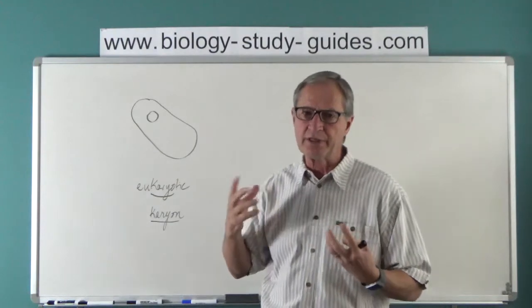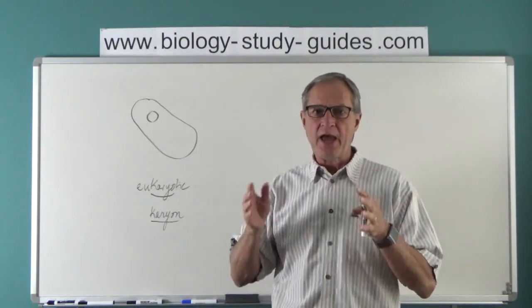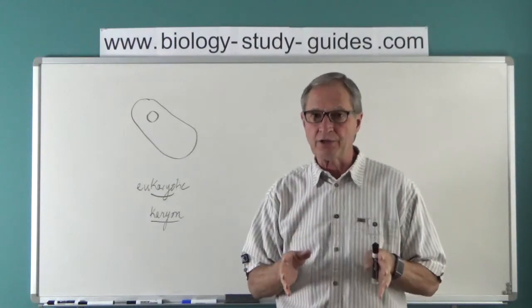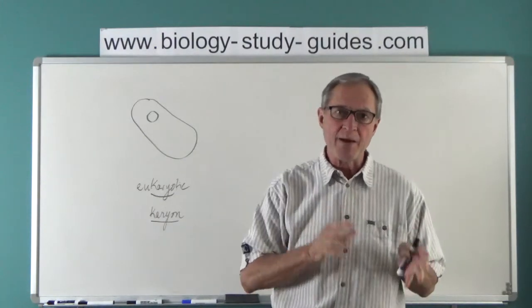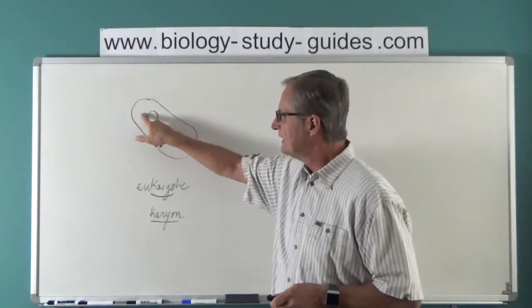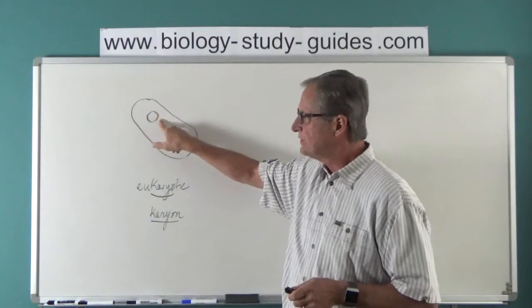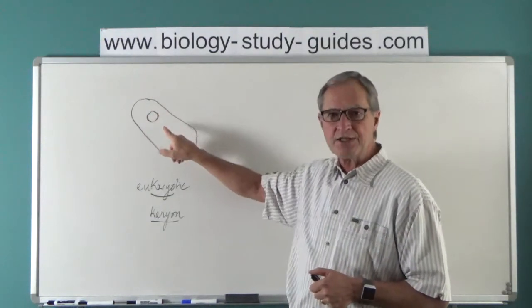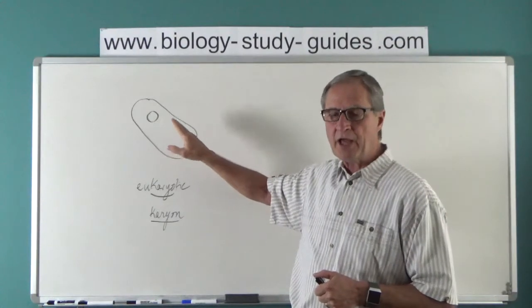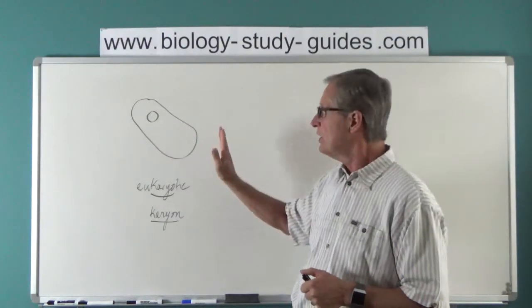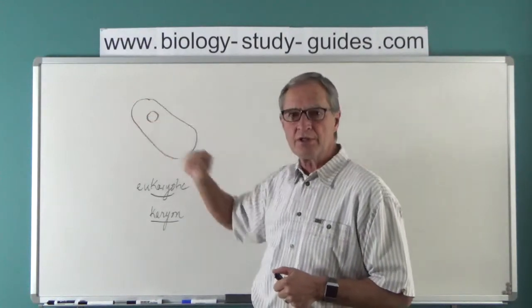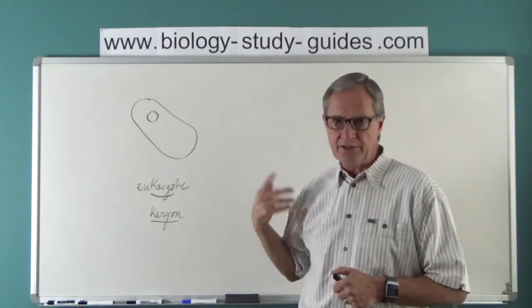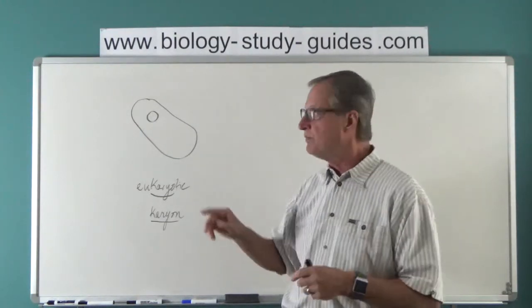The difference is really that eukaryotic cells have cell organelles that have membranes. This line that I drew here represents a nuclear membrane. And there are other membranes inside this cell as well. Prokaryotic cells, in contrast, don't have any structures that have membranes. In this video, our topic is going to be just the nucleus.